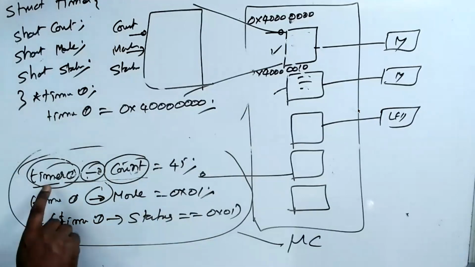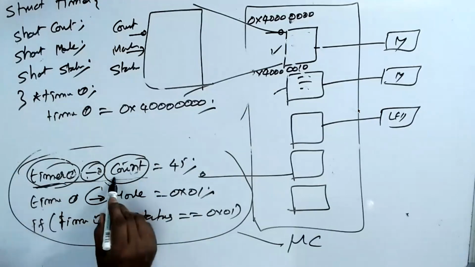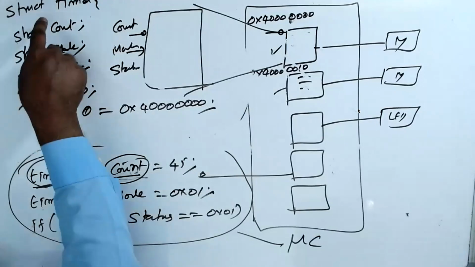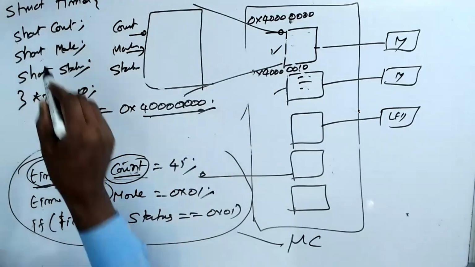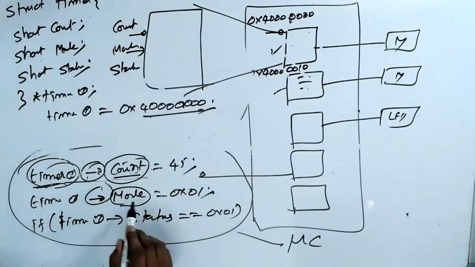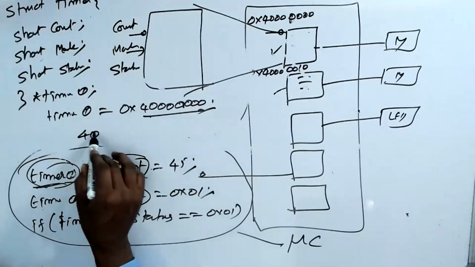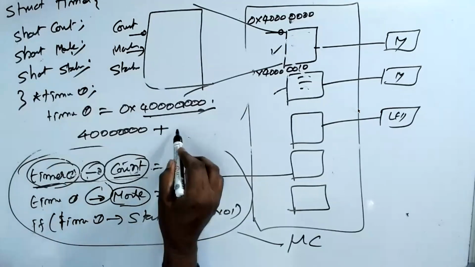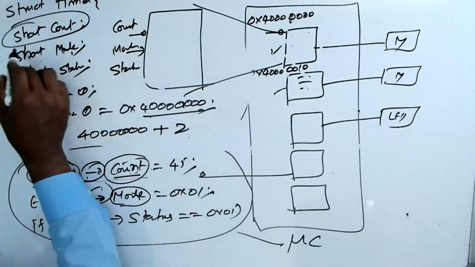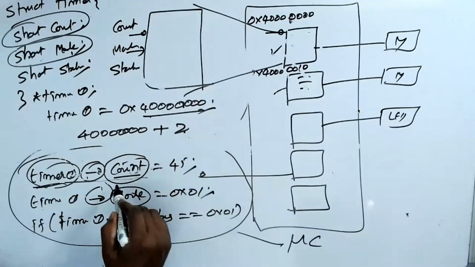Now, if we say timer 0 count, it will automatically use 40,000 plus 0. When I say mode, it will take 40,000 plus 2, because this one is 2. It will write to 40,000 plus 2.